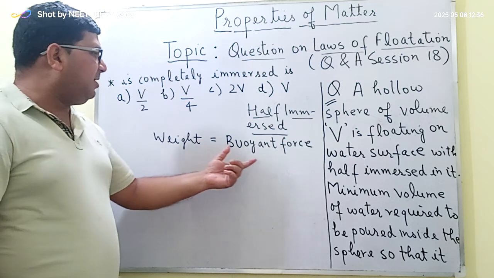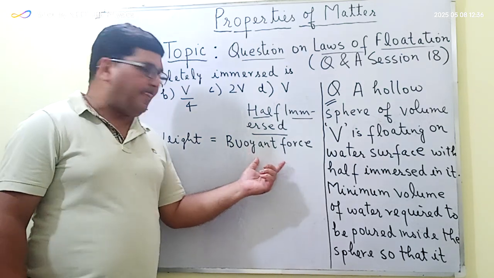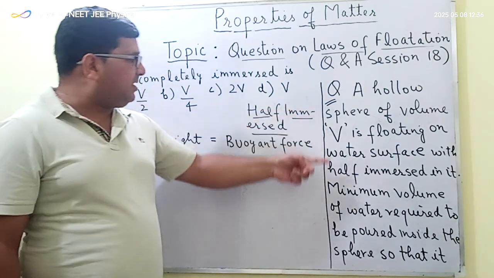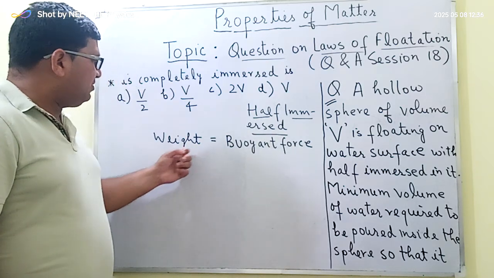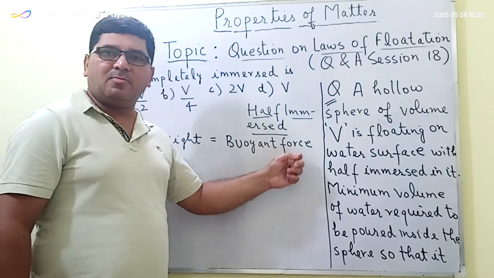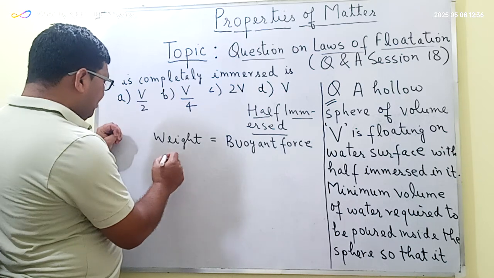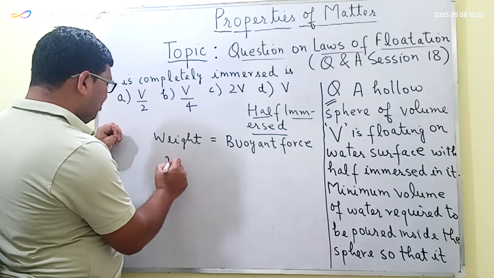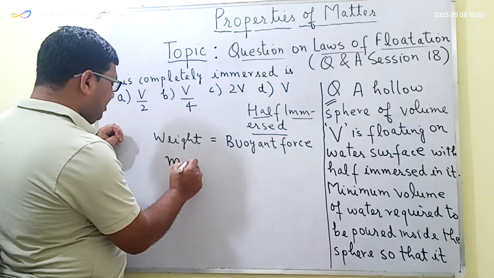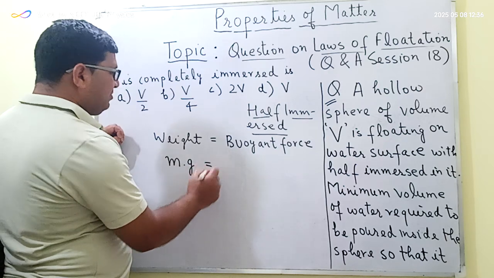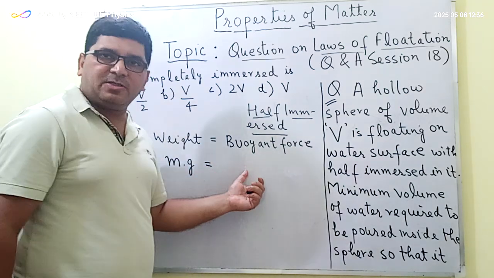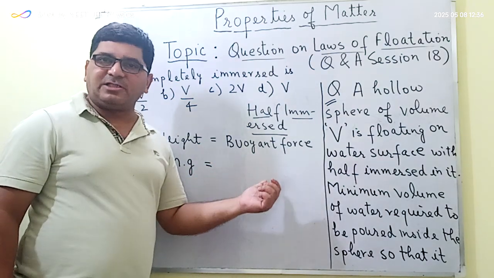In the state of equilibrium, when the sphere is half immersed, the weight of the sphere should be equal to the buoyant force. Let us say the mass of the sphere is small m, so m into g will be the weight of the sphere, and the buoyant force will be equal to the weight of the liquid displaced.